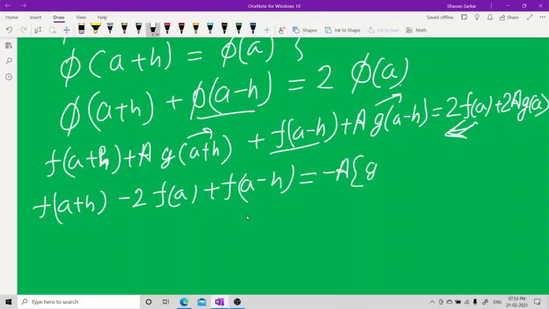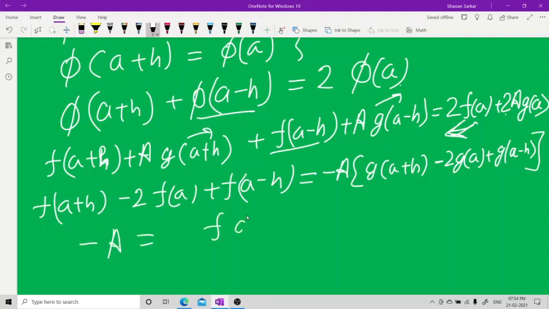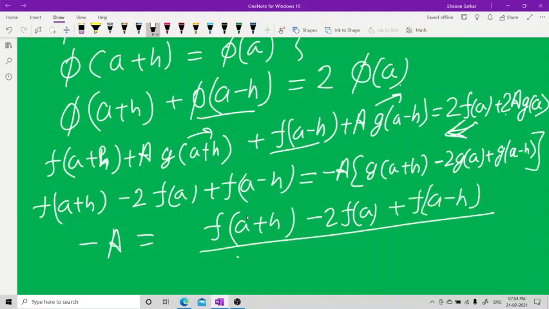You will get g of a plus h minus 2g of a plus g of a minus h, the whole bracket. So minus a is equal to f of a plus h minus 2f of a plus f of a minus h upon g of a plus h minus 2g of a plus g of a minus h.